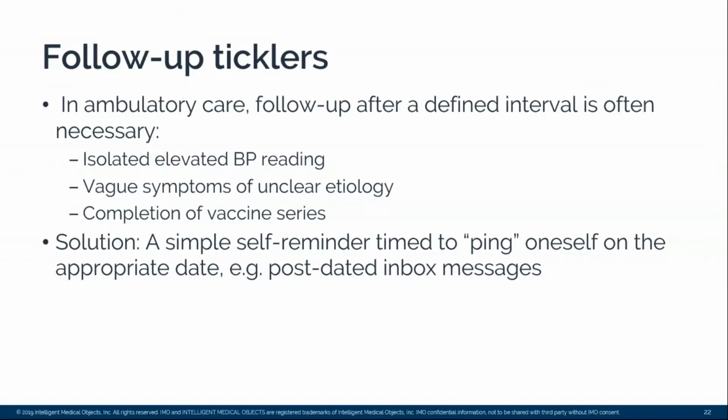But if you think of major things like that, or even little things like an isolated blood pressure reading that needs to be repeated, or maybe somebody comes in with some complaints that you think, maybe there's something, maybe there's not, let's see how that develops, and you need to follow up on that patient to see whether or not it did in fact develop, or something as straightforward as someone who gets the first set of their 3 hepatitis vaccines and you need a reminder to give them the second and third set.